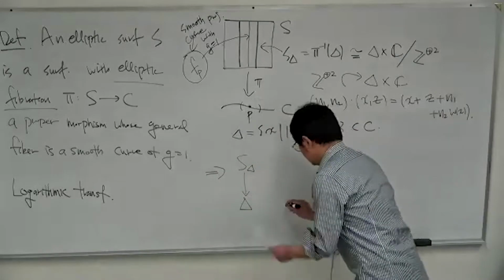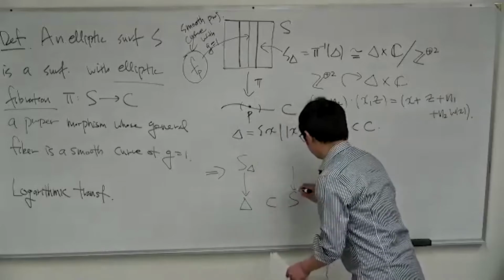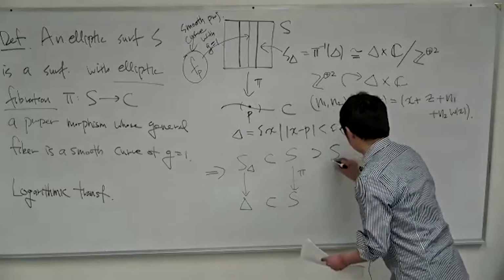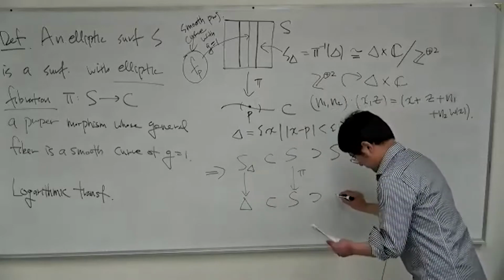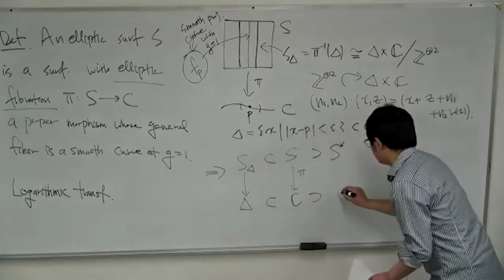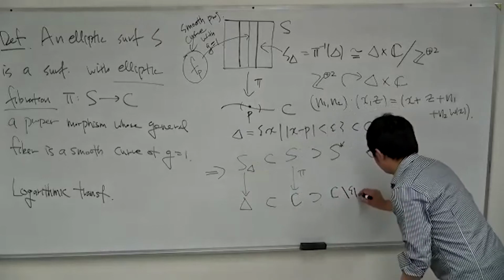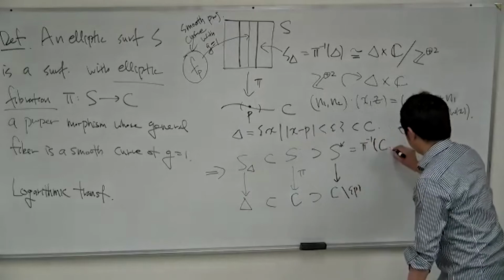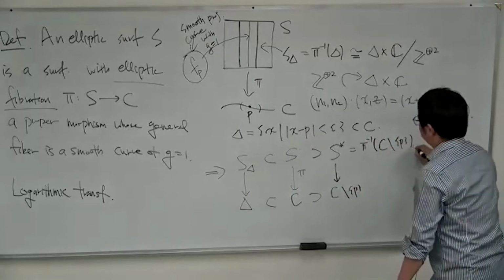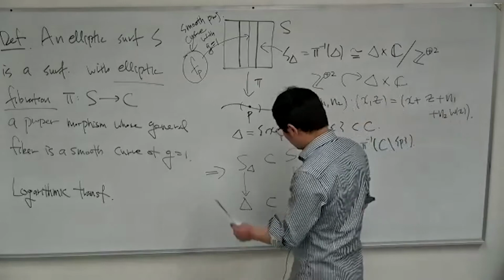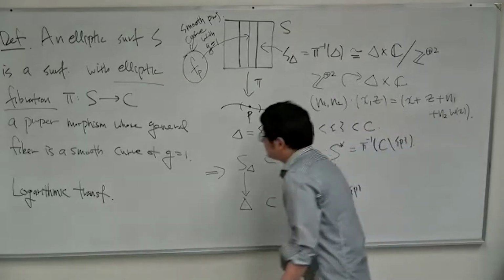And then in this case, we can decompose this surface. So I have this inclusion, and for this case, let me write this. This is C, and this is C. P, and I have this. This is nothing but pi inverse of this C P. Okay, then what do I do?